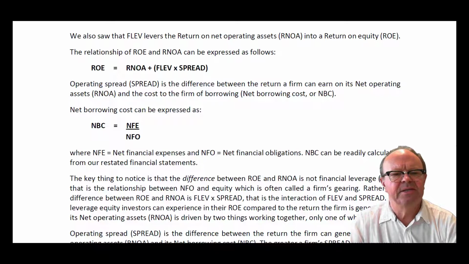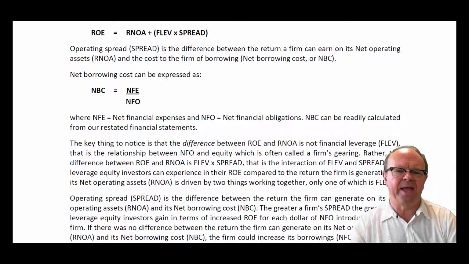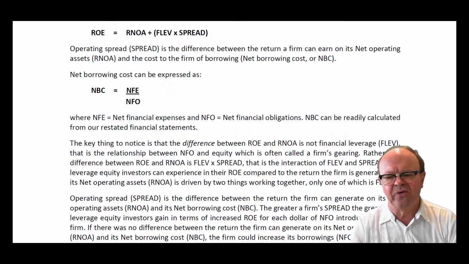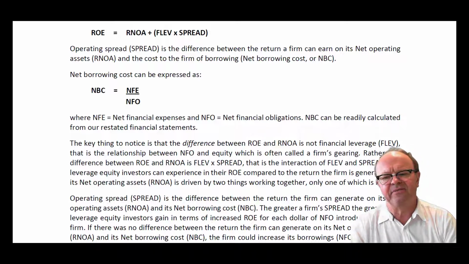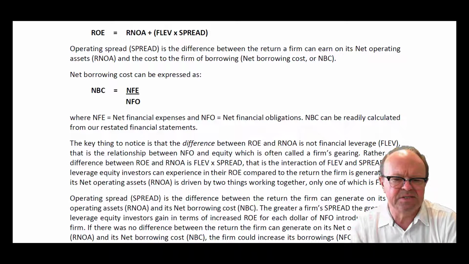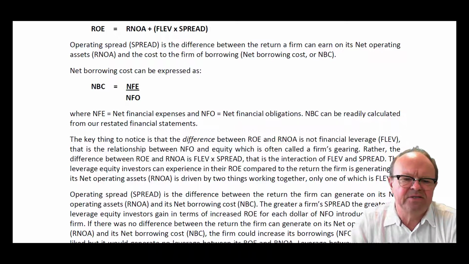Operating spread is the difference between the return a firm can earn on its net operating assets, RNOA, and the cost to the firm of borrowing, net borrowing cost, or NBC. Net borrowing cost equals net financial expenses divided by net financial obligations. Net borrowing cost can be readily calculated from our restated financial statements.